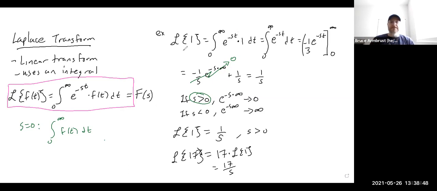All right, so there is the Laplace transform for 1. How about we do this guy? Let's come down here and change color so we know we're doing something different. How about we try the Laplace transform of t squared?